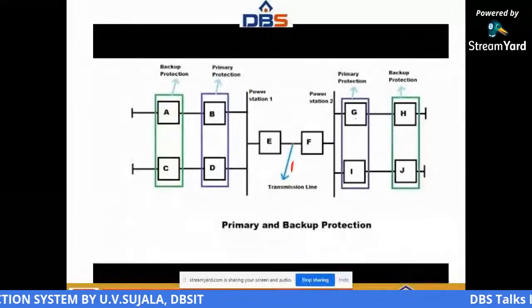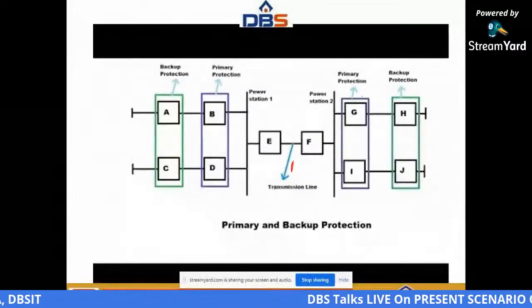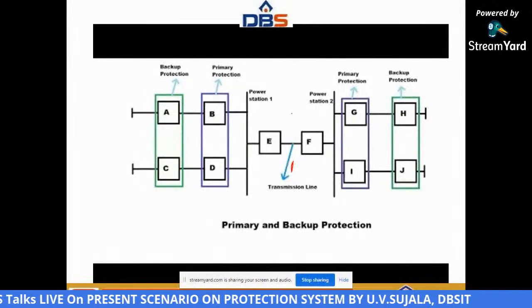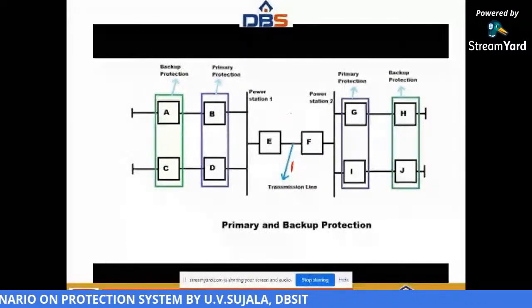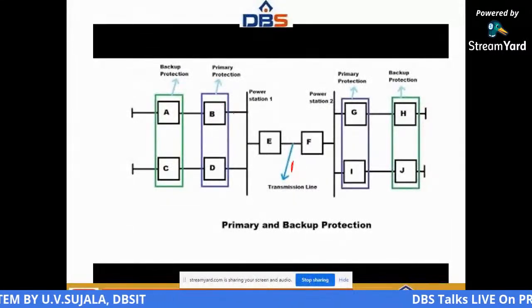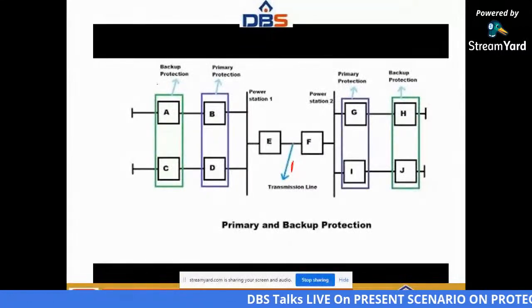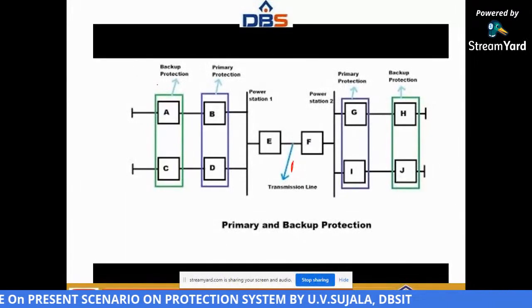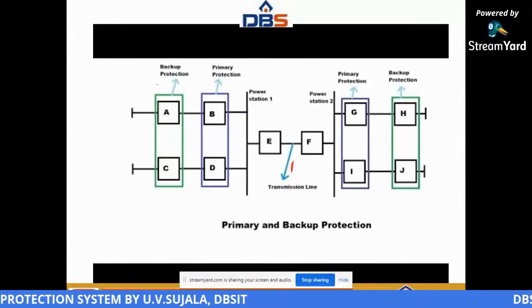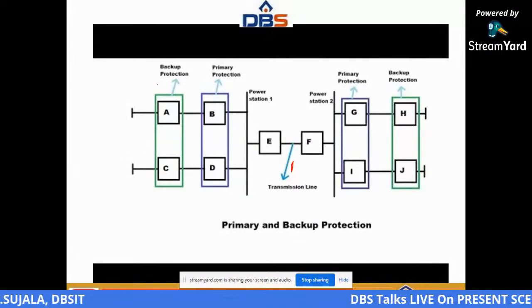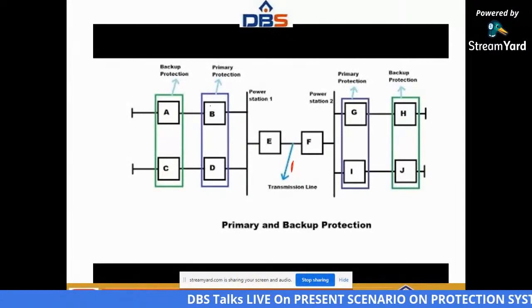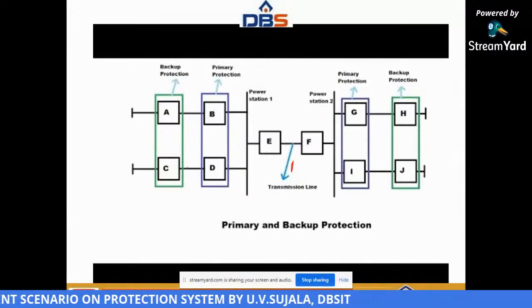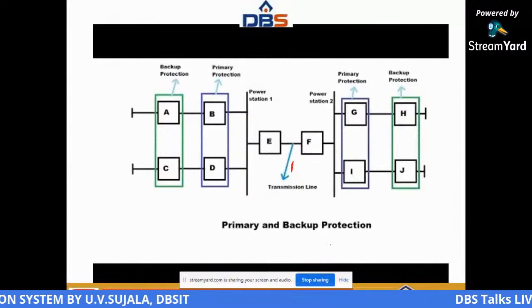If this primary protection acts and the breaker does not open after the time, then again the backup protection will operate. Otherwise the continuity of the supply will be damaged. So for that purpose only this protection system is done. So BD and GI are activated first, and then AH, AC and HJ will operate next.